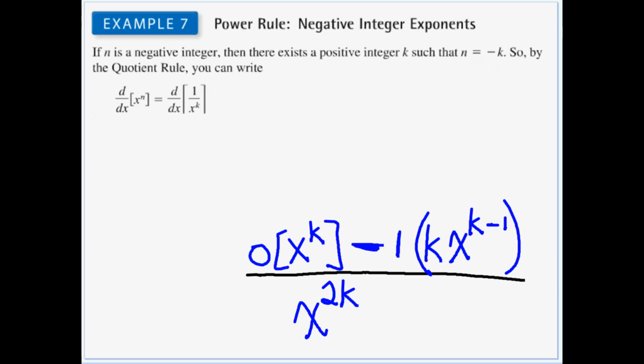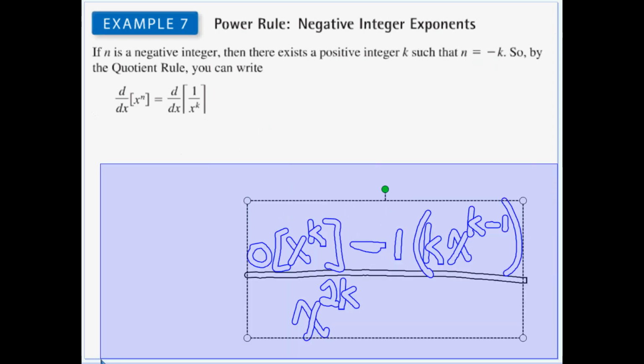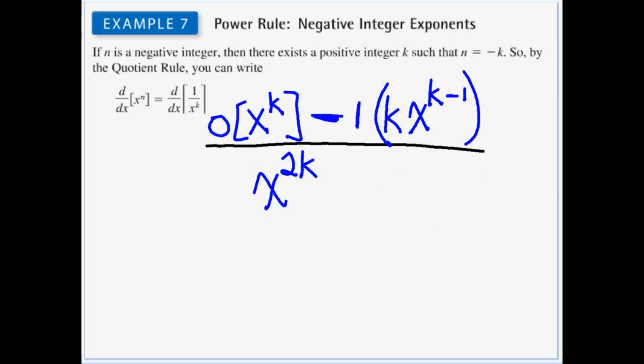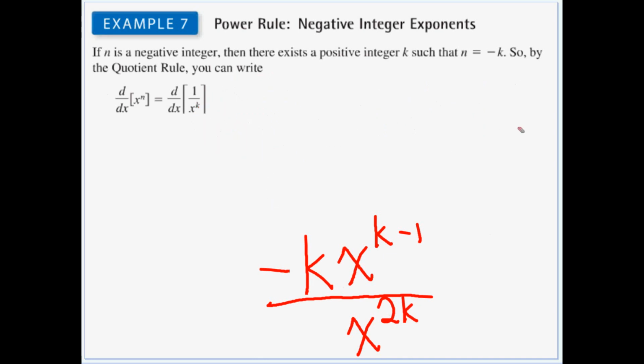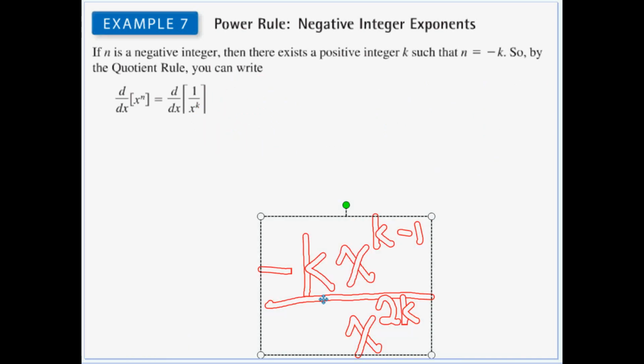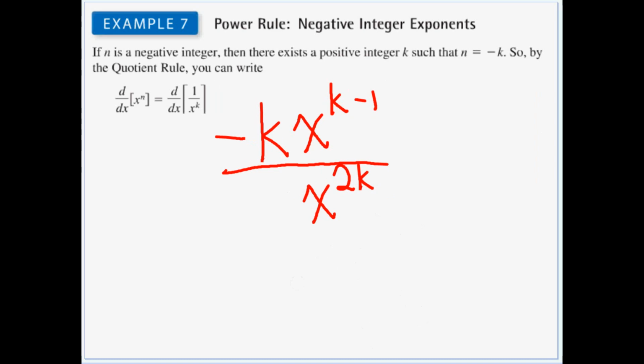All right, a little more simplification is coming. So that 0, there it is, 0 times this will be 0, so that just gets zeroed out. Negative 1 times this is just going to be negative kx to the k minus 1 power, and this is over x to the 2k. Now there is a minus k in that numerator, but that's just a number.